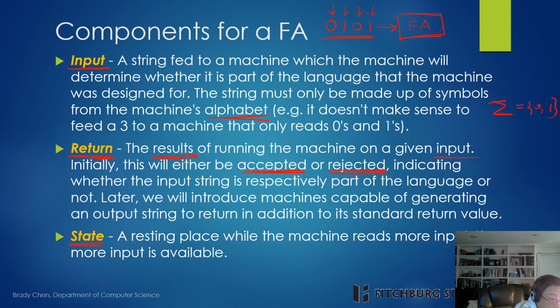Based on the current input symbol and the current state, it will select the next state. So the state is a resting place while the machine reads more input, until it reads the last symbol in the input.